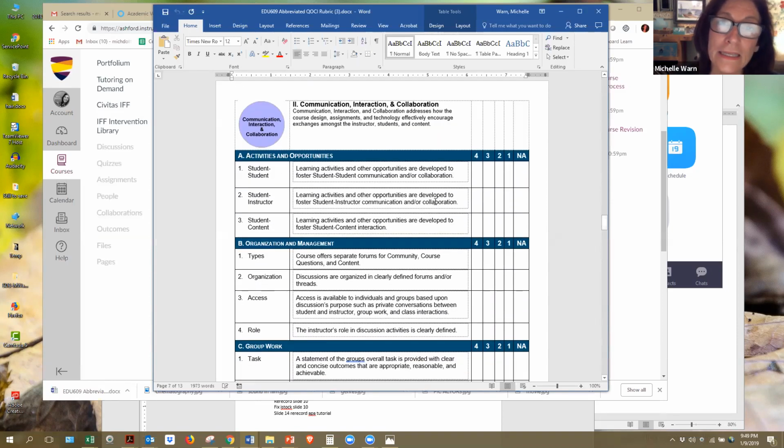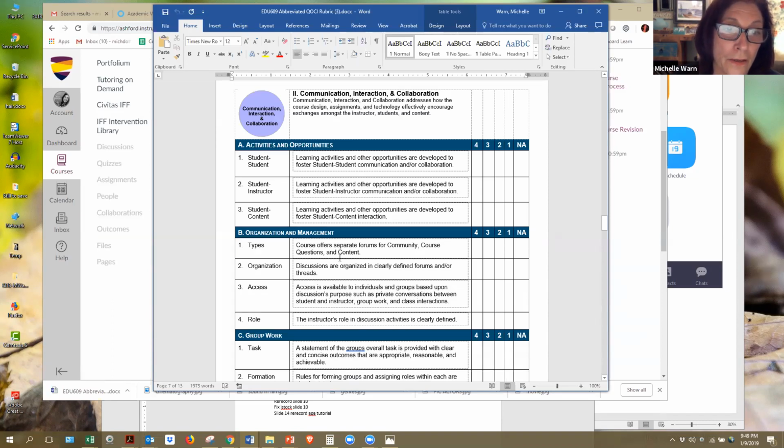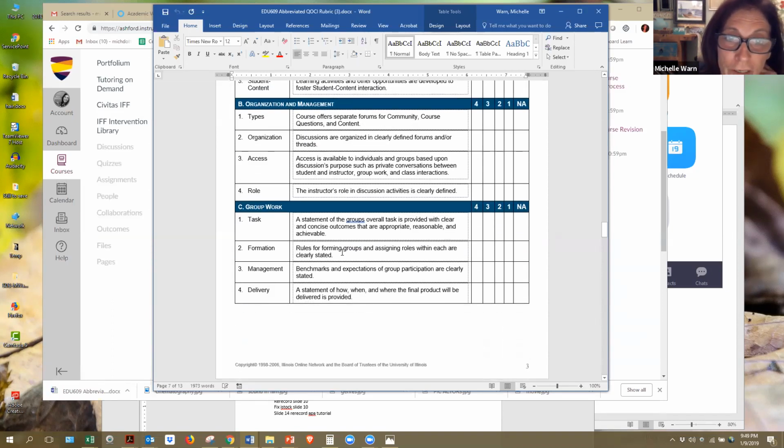But some of these things that it's saying may not be relevant for your course, and that's okay, okay? All you need to do is provide a rationale for why it's not relevant. So it might be that if you look at the collaboration, there's something about group work. Well, maybe you don't have group work in your course, and you don't intend to. Here, rules for forming groups.